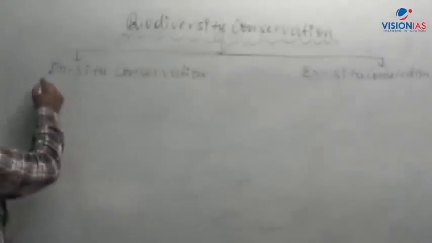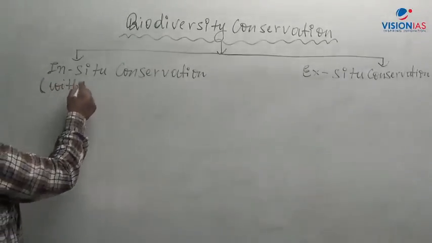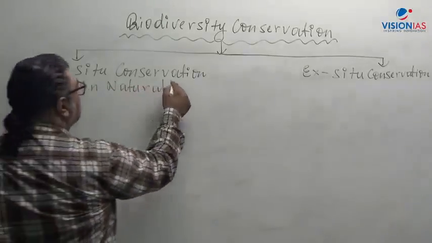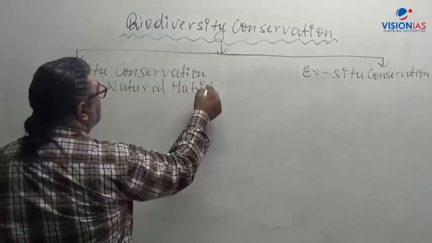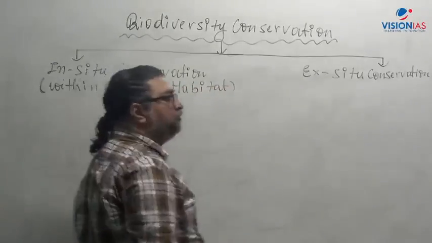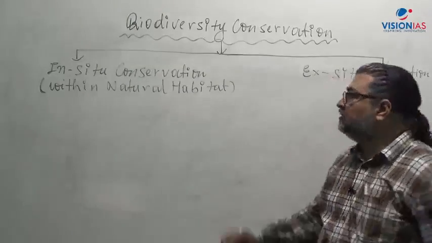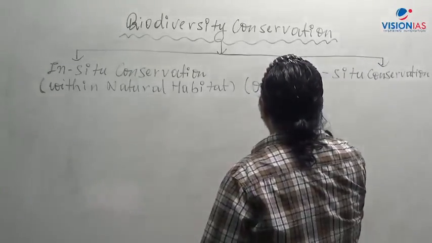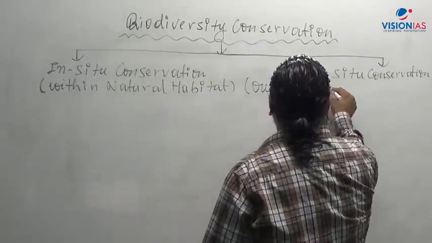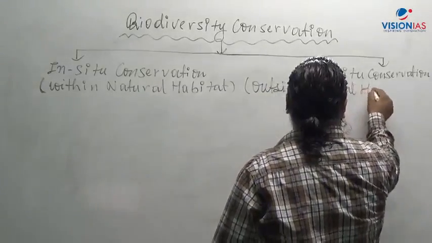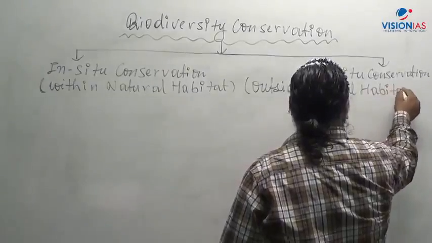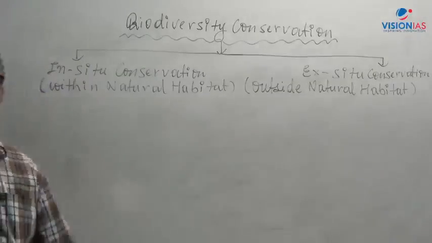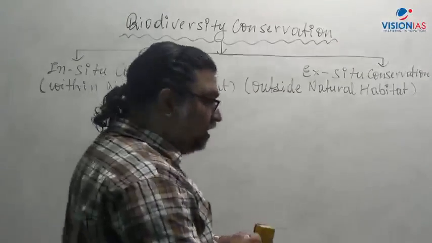When we carry out conservation within the habitat, within the natural habitat, that is called in situ. What is ex situ conservation? Ex situ conservation is outside, when for any reason the species is not able to survive in their natural habitat, scientists try to do the conservation outside the natural habitat by following the ex situ method.